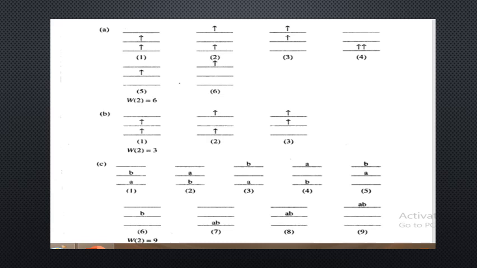Here is the C condition, or last condition. The balls are distinguishable, so we can give them the names A and B. Here ball A is in the third box and ball B in the second box. The second way is putting ball A in the second box and ball B in the third box, and so on.